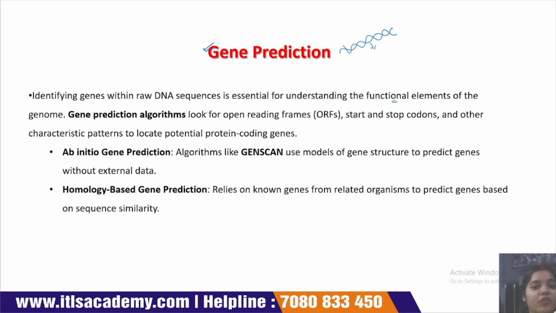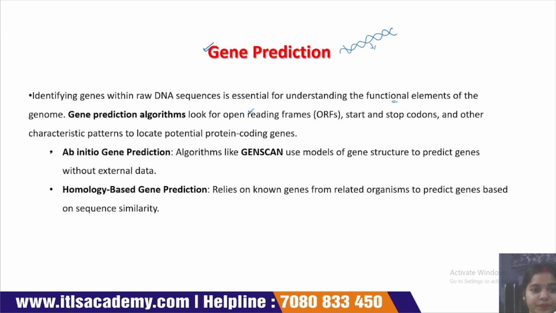In bioinformatics, there are lots of algorithms available to find genes. In gene prediction algorithms, we look for the open reading frame. In an open reading frame, start and stop codons are present, and other patterns that are essential for transcription and translation. Now we understand the methods used for gene prediction.